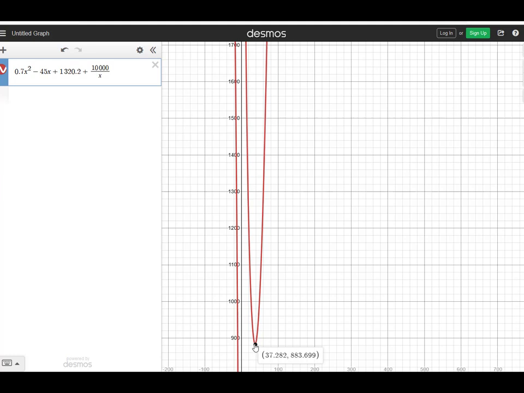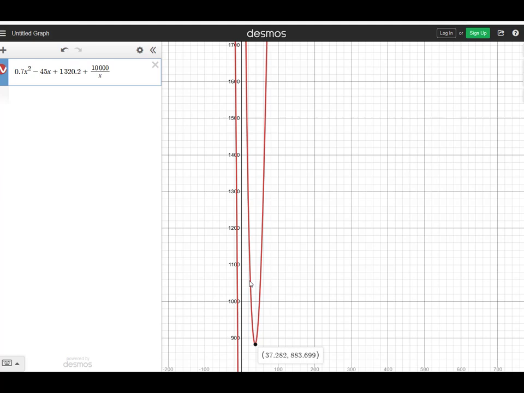So if you take a look at this lowest point, that's 37 for X and 833 for Y. So this is saying when we manufacture 37 drones, it costs us the minimum amount that it would for any other amount of manufacturing drones. So $833.69. And again, if you think about it, it could be for a number of factors.